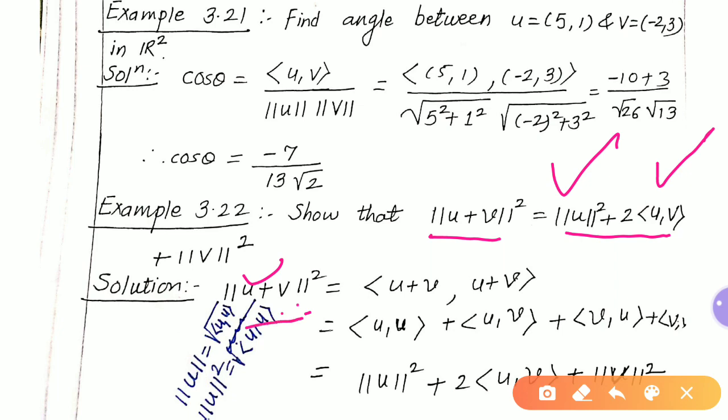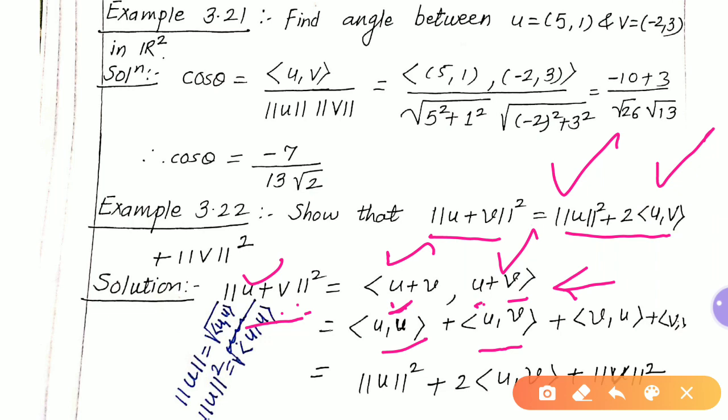Norm of u plus v squared is the inner product of u plus v with u plus v by definition. Since this defines the inner product, we can apply the linearity property. By linearity, this will be u comma u plus u comma v. First we have operated the first vector u on these two, like we do the multiplication of two brackets.